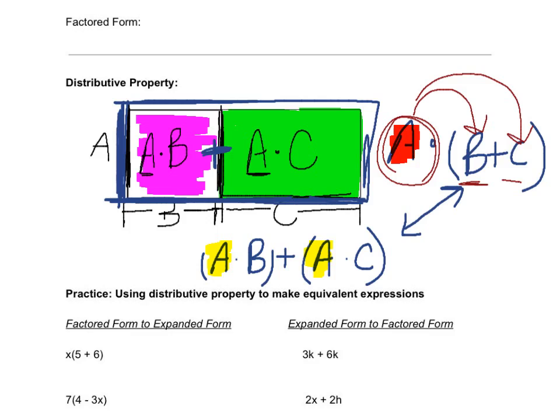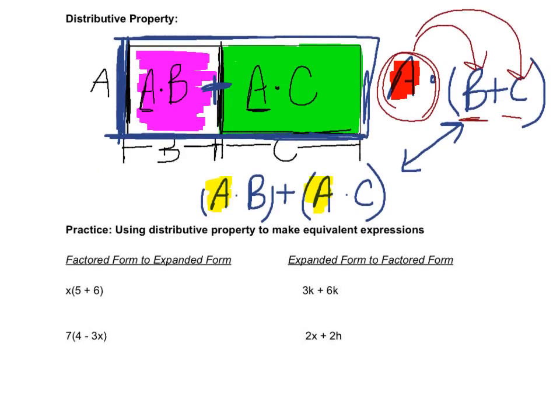So that's just a very quick look at distributive property. I'm going to show you a few examples, and this is where we get into the vocab, the factored form and the expanded form. So factored form, you can see where something is outside the parentheses, and our goal is then to share that.